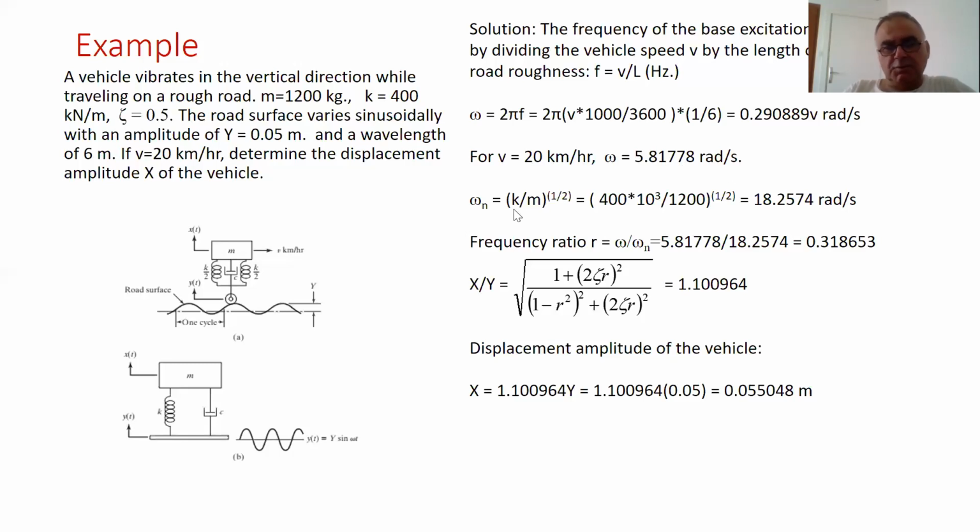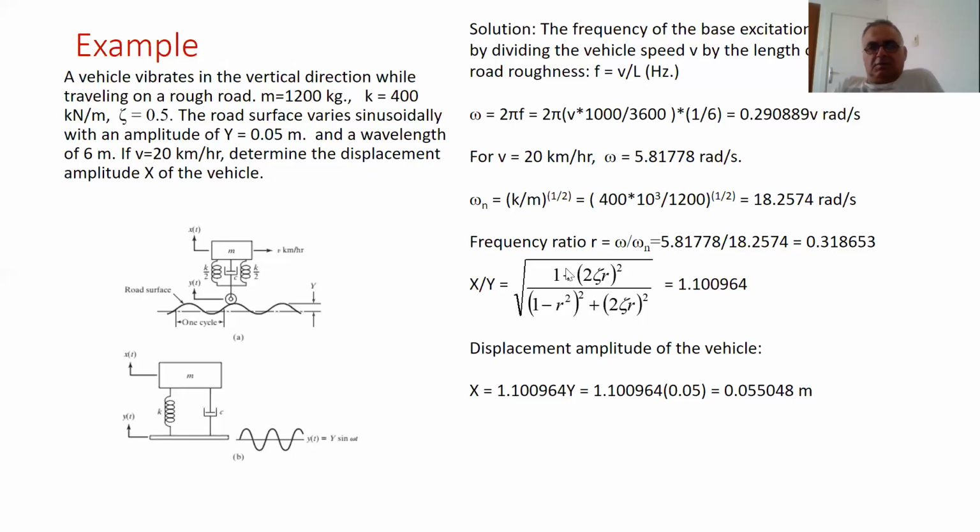The natural frequency of the car is the square root of k over m. If you find that, it is 18.25 radians per second. And the frequency ratio is omega over omega n, so it is 0.31.